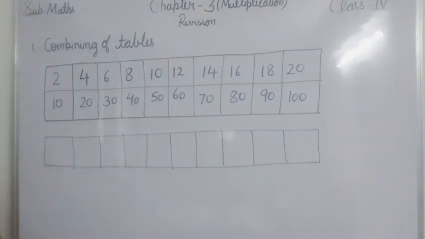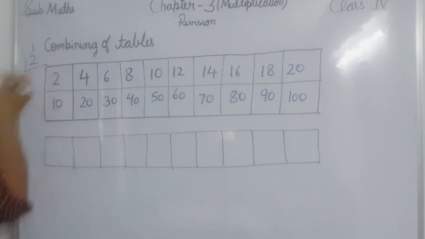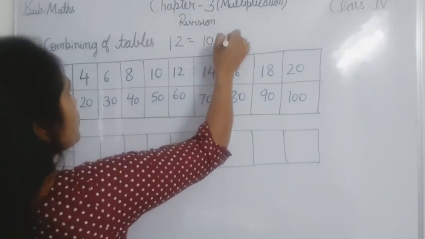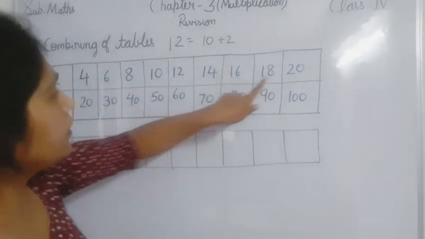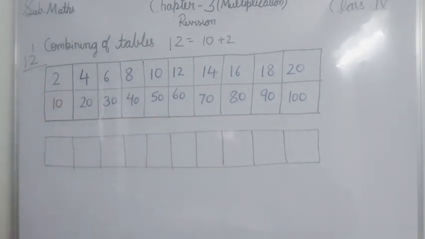If I want to form the table of 12, I can break down 12 into 10 and 2. Let's write the table of 2 and the table of 10. The table of 2 is here, the table of 10 is here. Now we will combine them. Combine means we will add them. Adding 10 and 2 makes 12, so the table of 12 we are going to form.